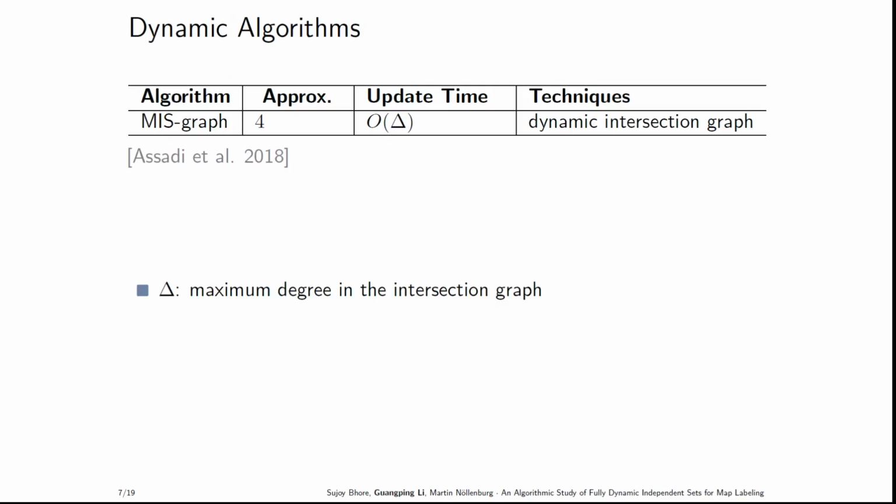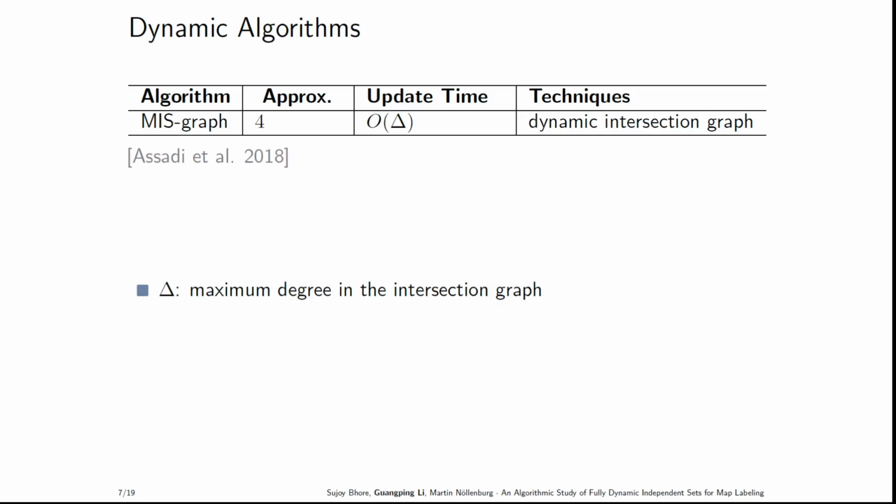As a baseline algorithm, we use the graph-based approach introduced by Assadi and his group. This algorithm, MIS-graph, maintains the intersection graph explicitly and makes greedy updates to maintain a maximal independent set.